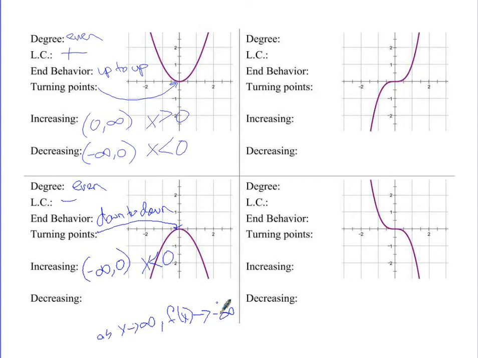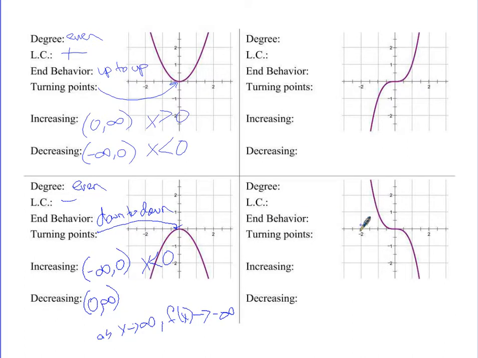So starting at 0 and going forever. So decreasing, starting at 0, not including 0, going forever. Can't include forever. So from 0 to infinity. It's not negative infinity because we're talking about what values of x are decreasing. And the values of x are these guys here.